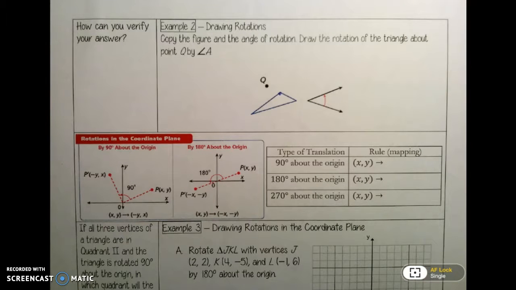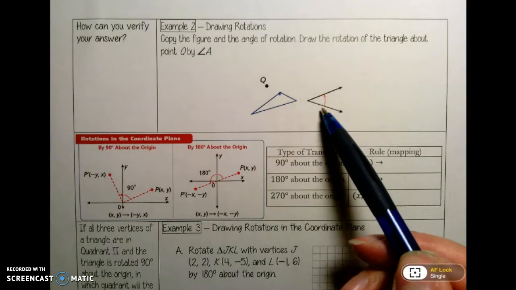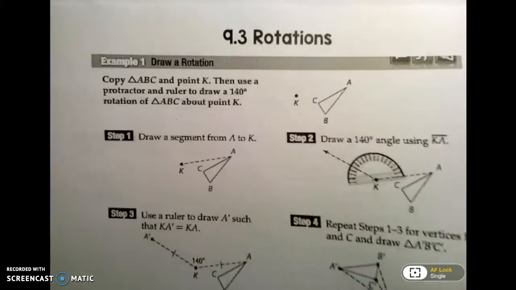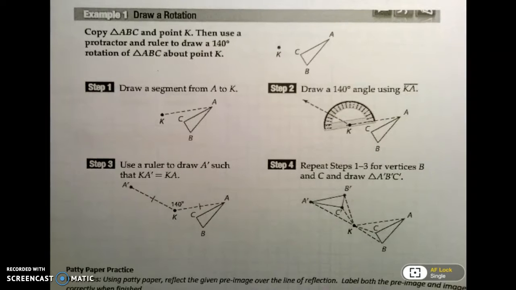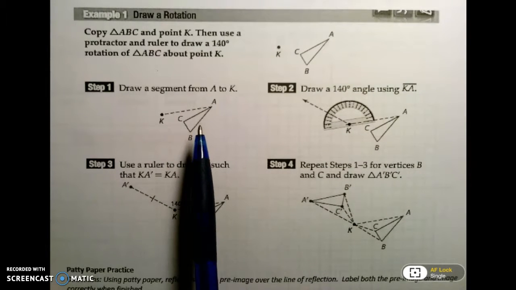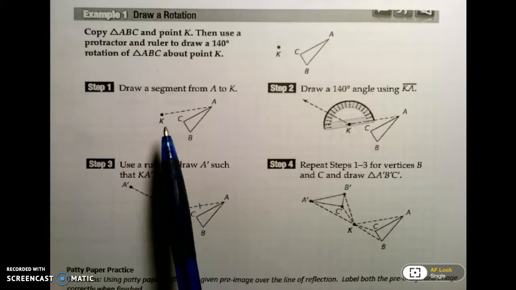Okay, then we'll draw our angle measure using a protractor, and then we'll use a ruler to draw. So I have this example to help you. It's not our example exactly, but just the steps of using a protractor and a ruler. And this one is 140 degrees specifically.